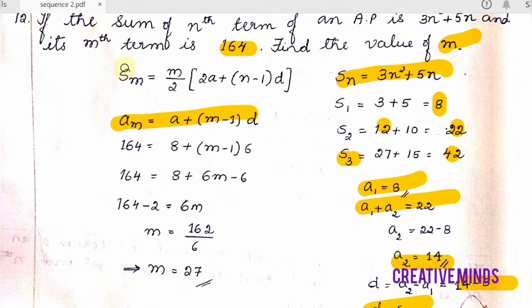They given the mth term is equal to 164, that is equal to a value is 8, plus m minus 1 into 6, d value is 6. 164 is equal to 8 plus 6 into m minus 1, 6.